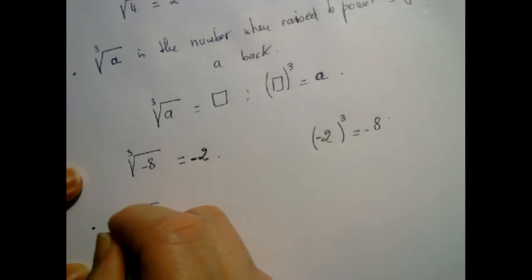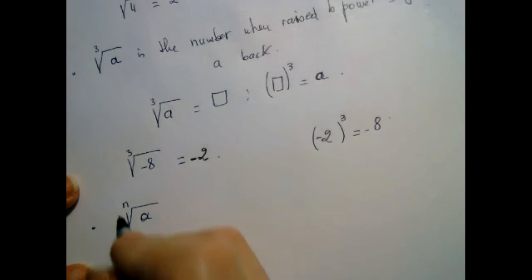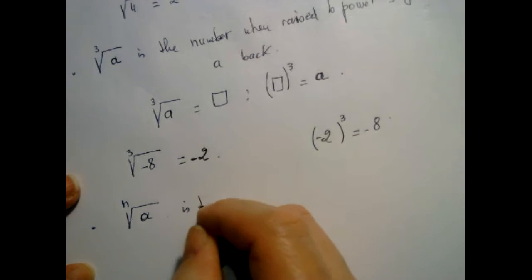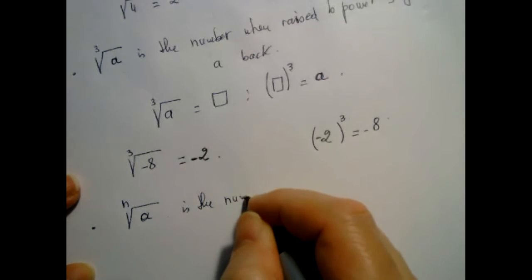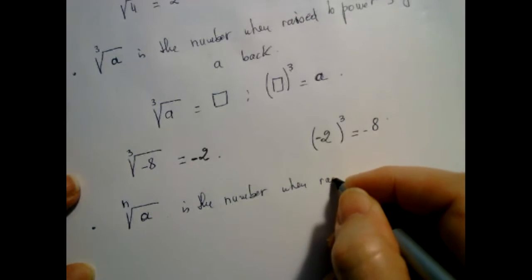So in general now, what's the nth root of A? That's n here, so that's called the nth root of A. It is the number that, when raised to the power n, gives A back.